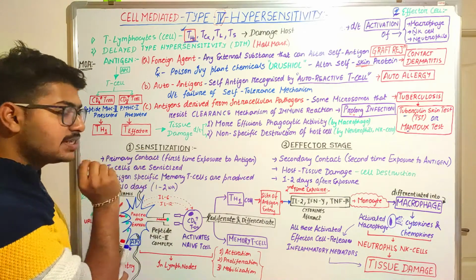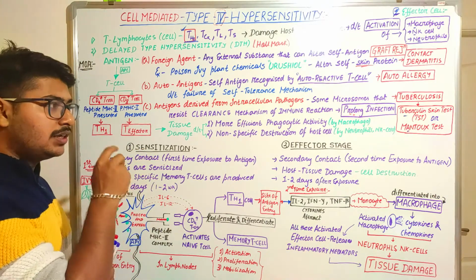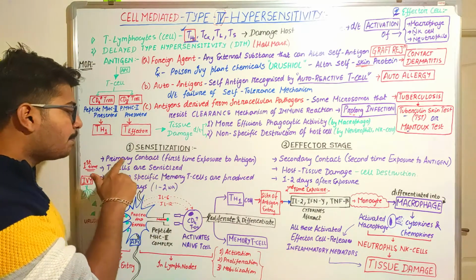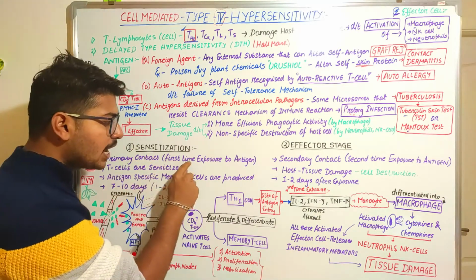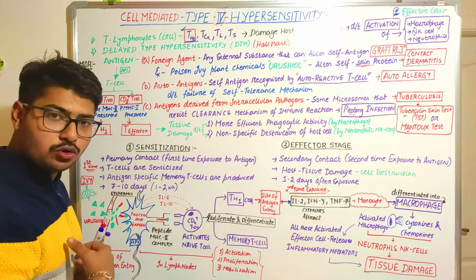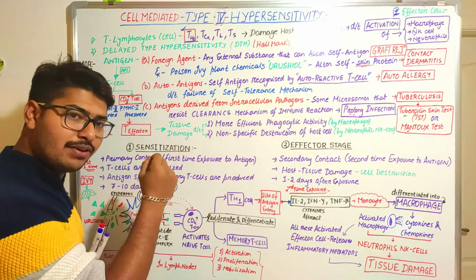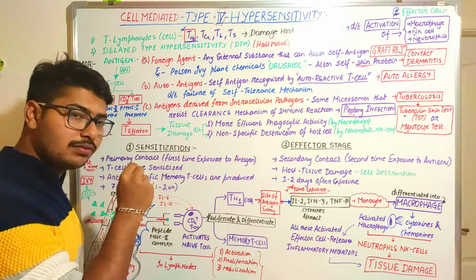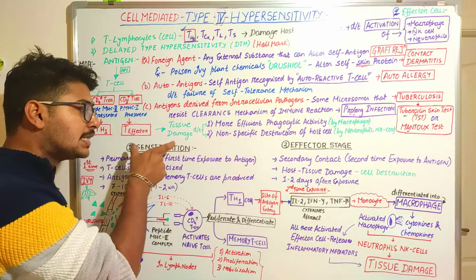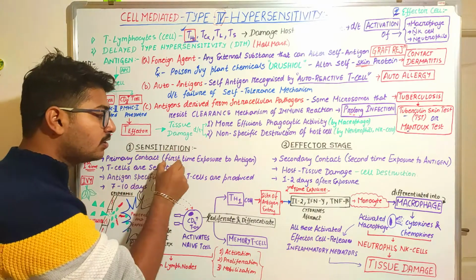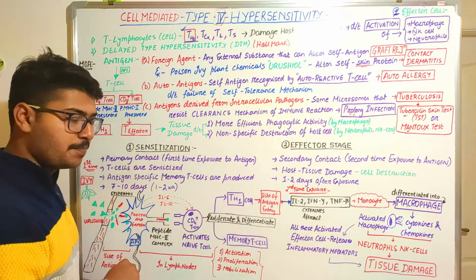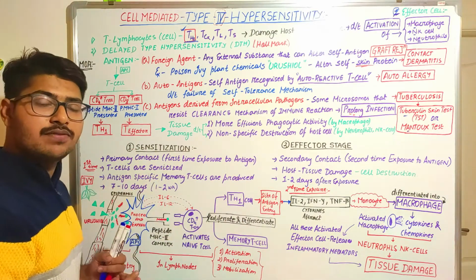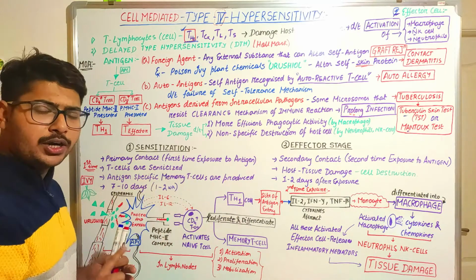Firstly, sensitization means the T cell will be sensitized, and this happens when there is primary contact for the first time, when the antigen is first exposed to our body. I mean to say that the sensitization occurs on the very first time exposure. So the T cells are going to be sensitized and the antigen specific memory T cells are going to be produced.